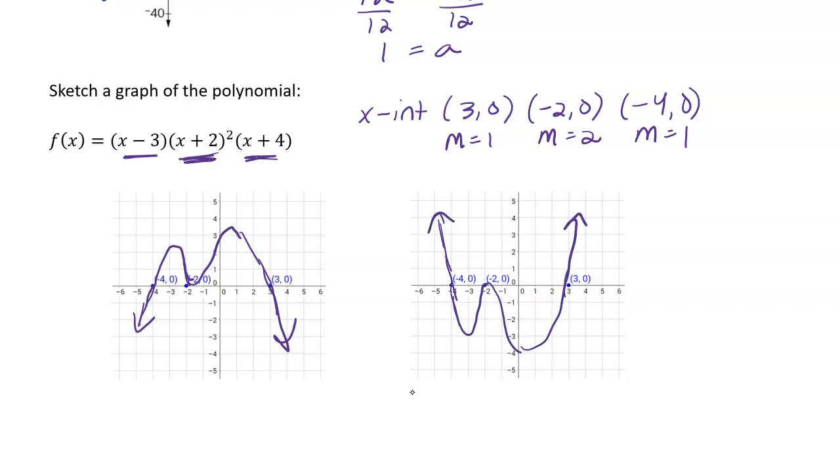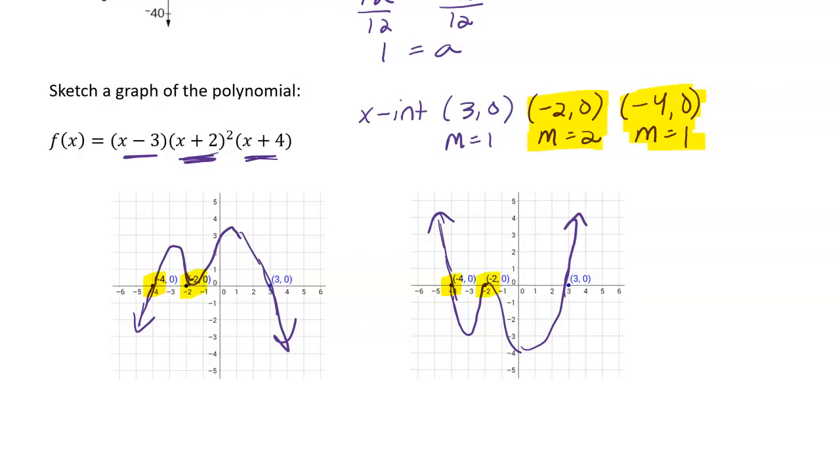You can see that both of these students have the correct multiplicities. At -4 there is a multiplicity of 1, and both of these graphs have the correct behavior at -4. At -2, we have a multiplicity of 2, and so you can see you have the correct graphing behavior there.